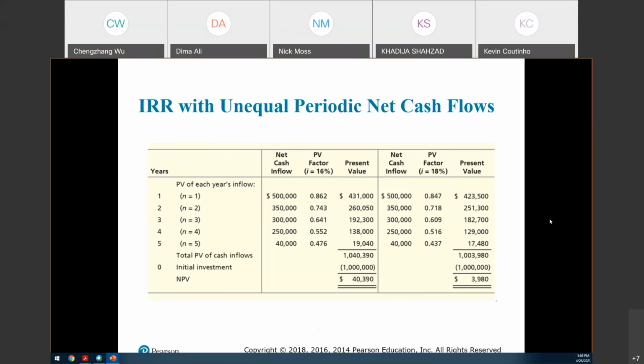Rather, the company should use a trial and error procedure to determine the discount rate making the project's NPV equal to 0.